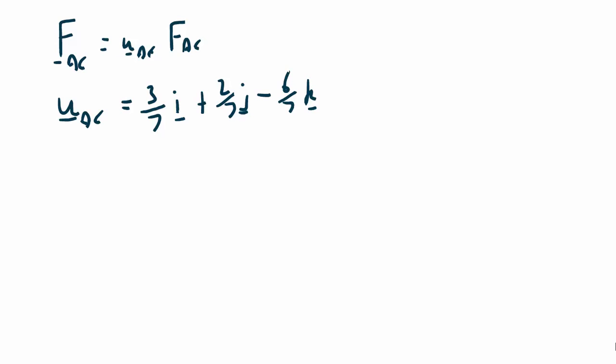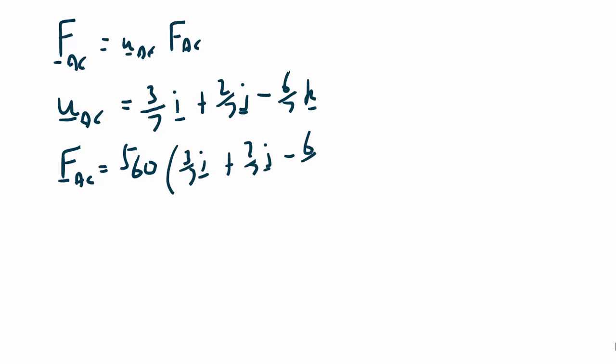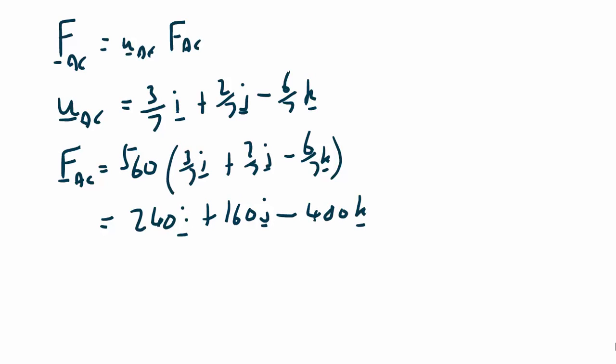So then my force vector will be 560 times 3/7 i plus 2/7 j minus 6/7 k. So if I multiply that out, that will equal 240i plus 160j minus 480k.